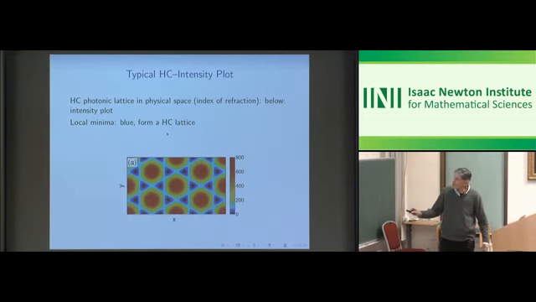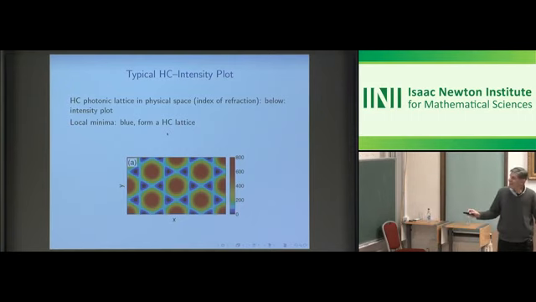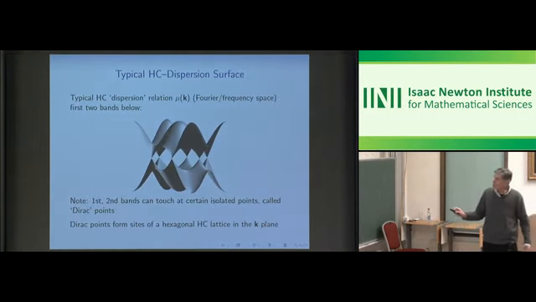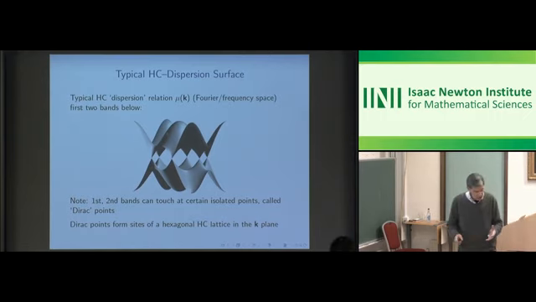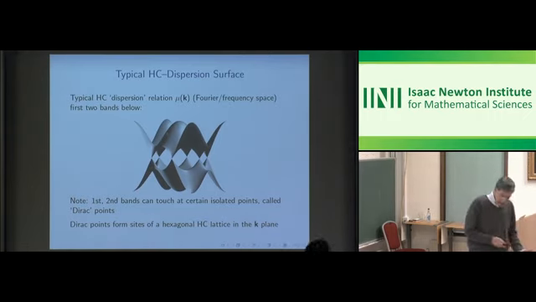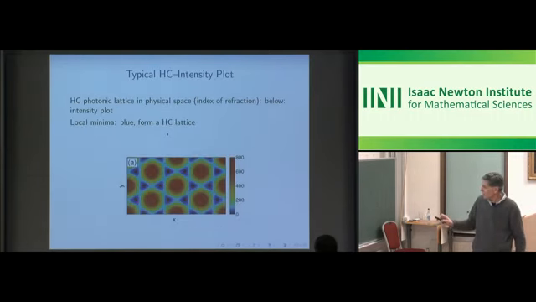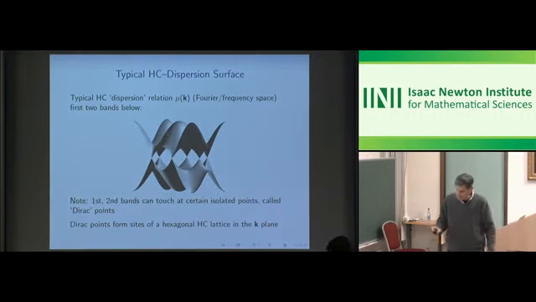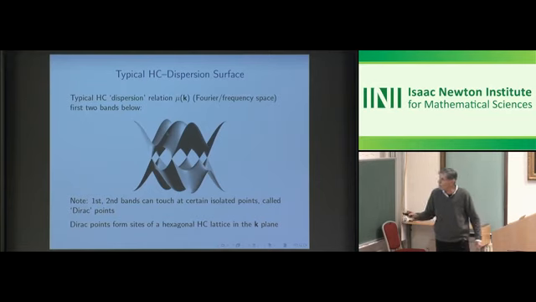I like this because it has a nice Star of David structure. And the dispersion relation, if you go to these equations, there's dual space. There's physical space, where you saw the honeycomb structure, and then there's, if you will, the Fourier or Brillouin zone, as they call it, where these structures touch at certain points.